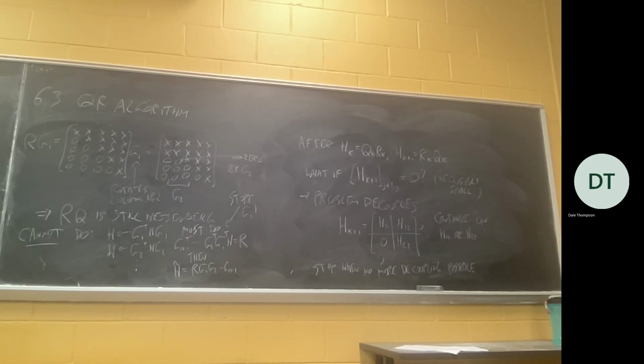And those 2 by 2 blocks, it's not possible to make them upper triangular because they come from complex eigenvalues. So that's what you do. After you do a QR iteration, you have to monitor the subdiagonal entries. Each time one of them becomes 0, you say, okay, now I'm going to change which submatrix I'm going to work on.